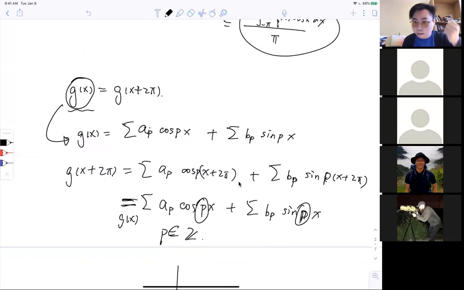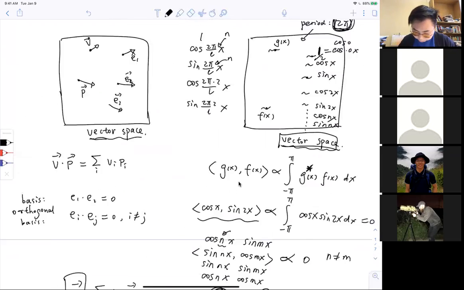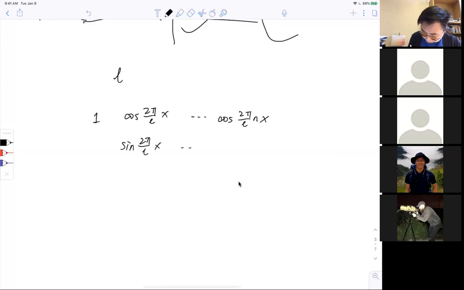Because the period is not always 2 pi, right? Of course not. That's what I'm saying here. If in general the period is L, then the basis becomes 1, cosine of 2 pi over L times nx, and sine of 2 pi over L times nx.